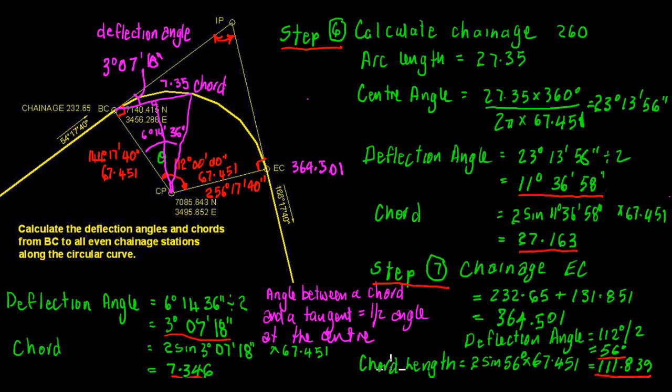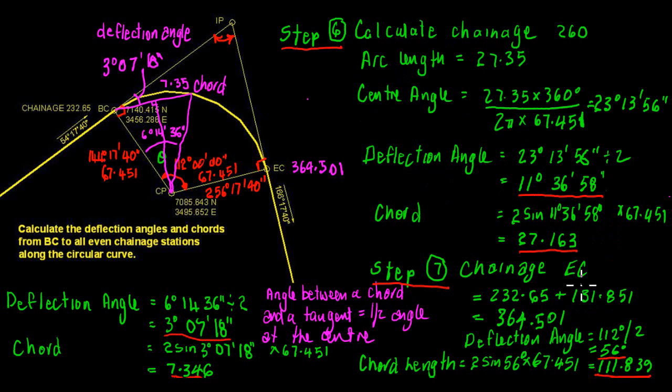And the chord length, 2 sine 56 times 67.451, the radius, is 111.839. So all that remains now is to calculate, just by adding 20 each time, the even chainages, 260, 280, 300, 320, 340, and 360, and then we'll just go to EC.